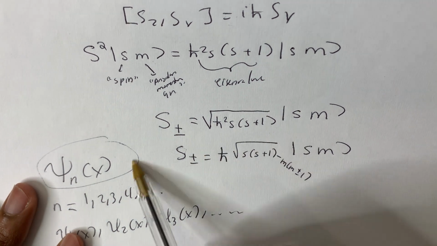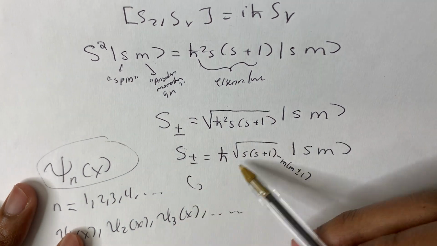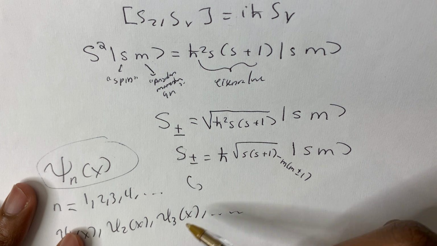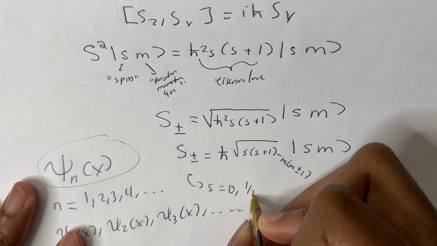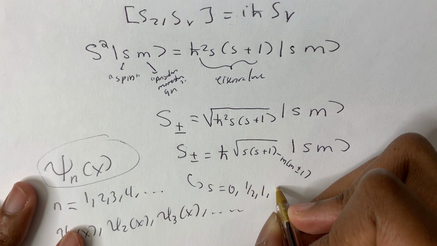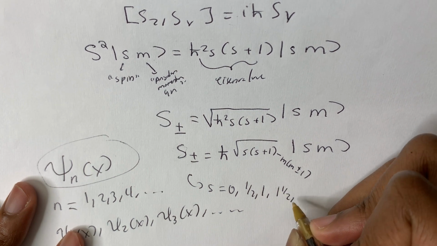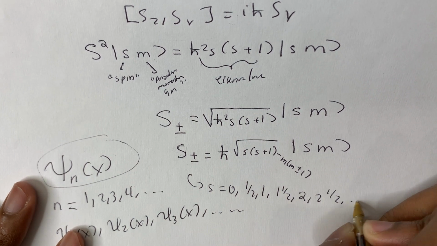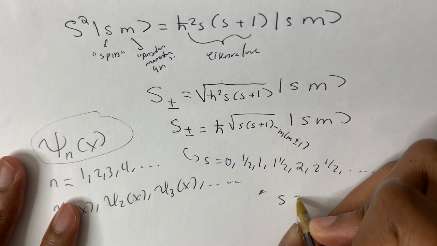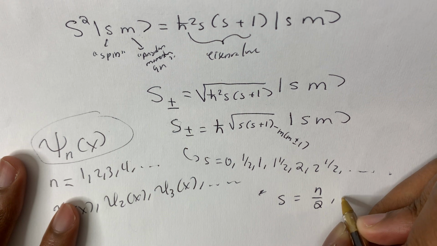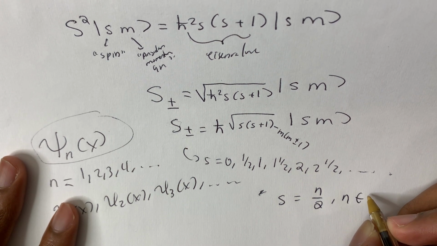And from this operator, we get possible values for s. S can take on 0, 1/2, 1, 1 and 1/2, 2, 2 and 1/2, and so on. So s can pretty much take on n over 2, where n is just some integer.